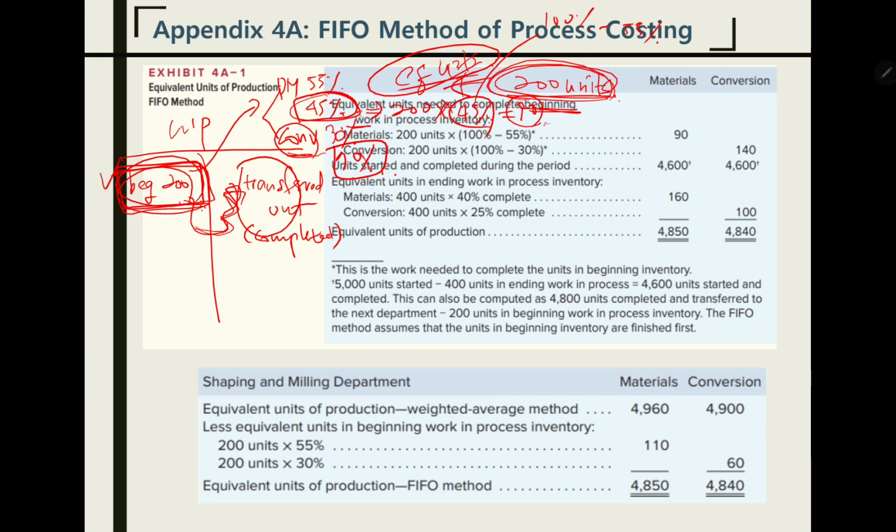For the conversion cost component, 200 units times 70% equals 140 units. So here, 90 equivalent units for direct material of the beginning inventory and 140 for conversion cost of the beginning inventory.